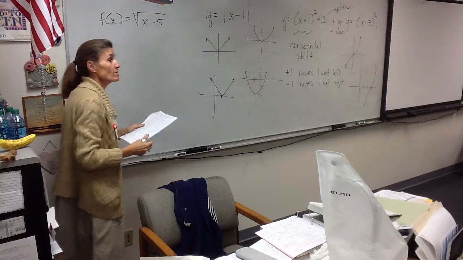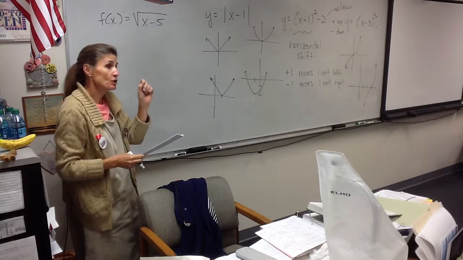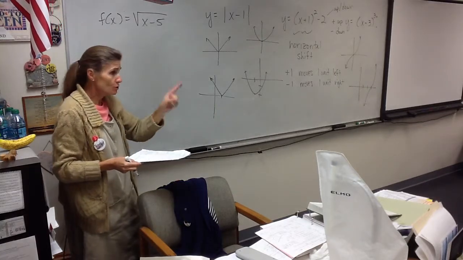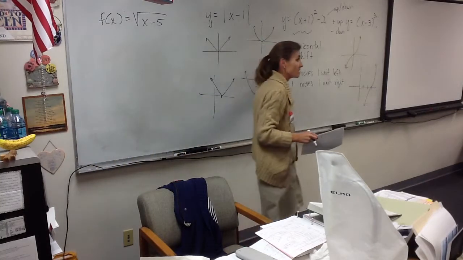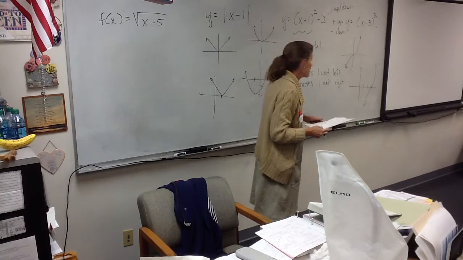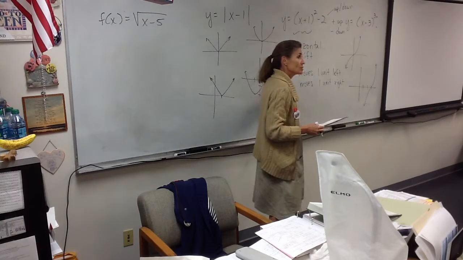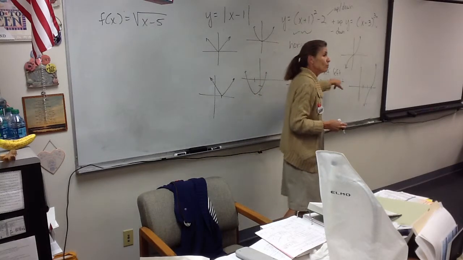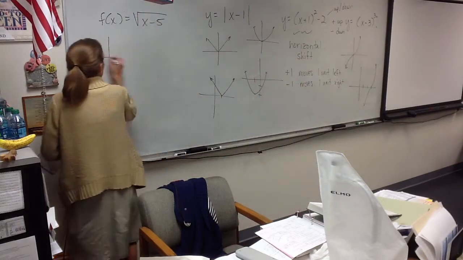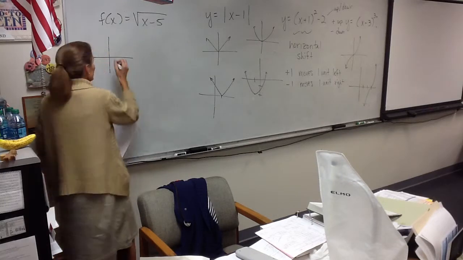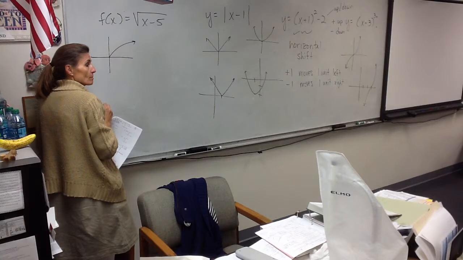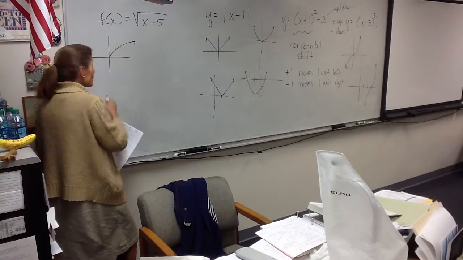Guys, where's that 5 attached? Is it attached directly to the x, or is it attached outside somewhere? To the x. That's a horizontal shift. It is an x minus 5. So a minus is going to move you to the right. So first of all, what does the normal square root look like? This is the normal square root. You got to know that tomorrow.